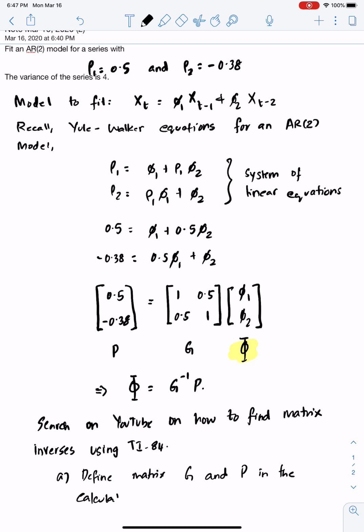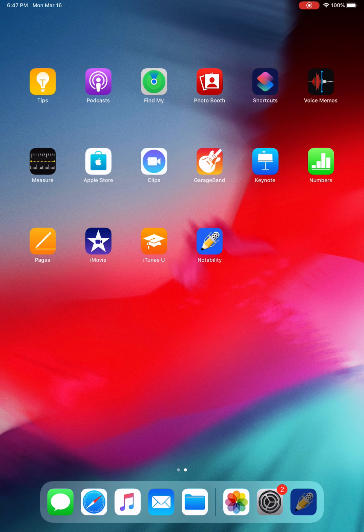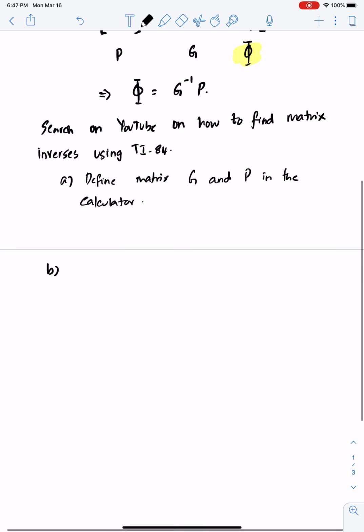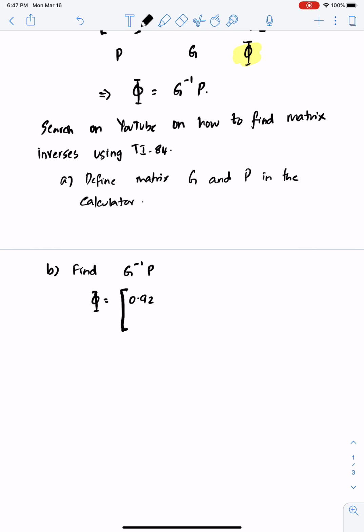And find G inverse times P. So when you multiply, you would end up getting the value of phi to be 0.92 and negative 0.84.